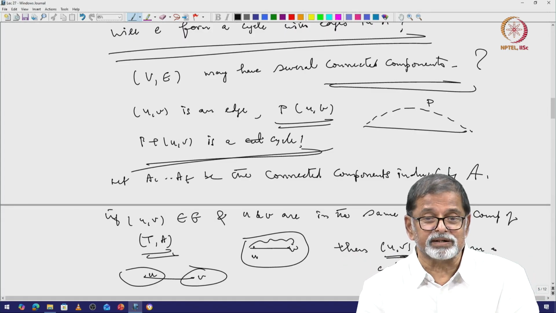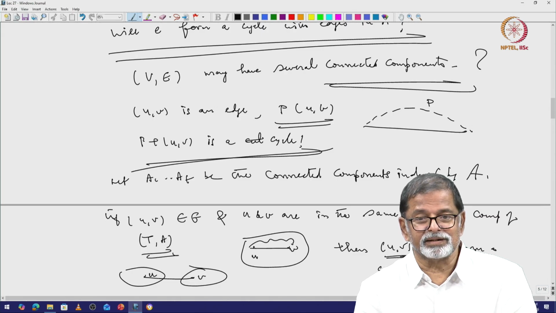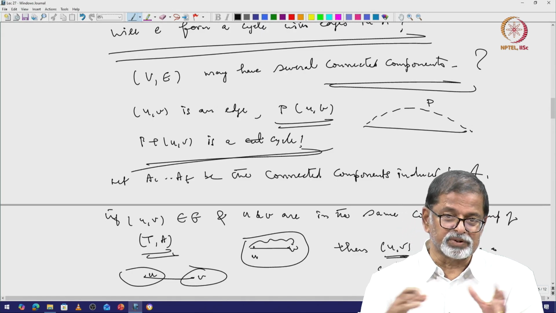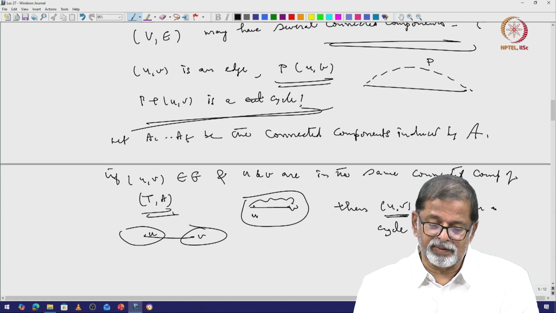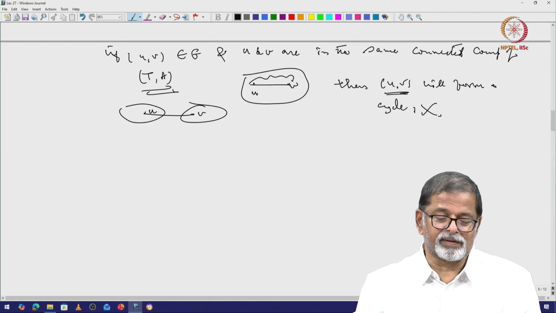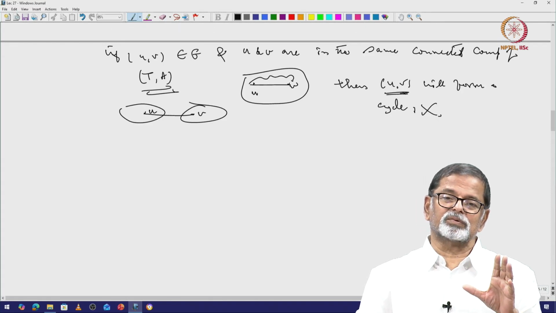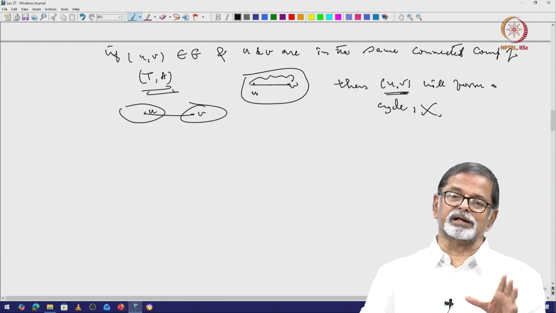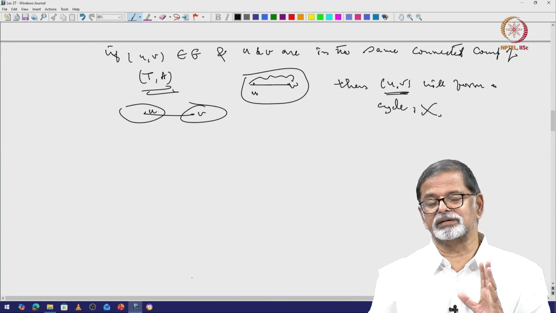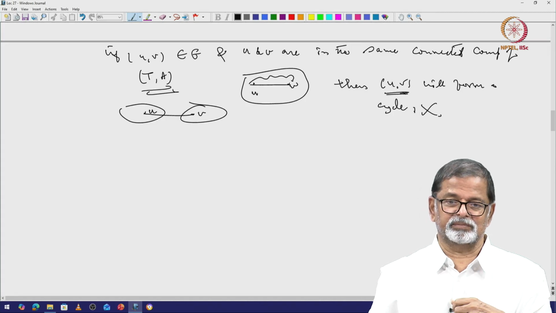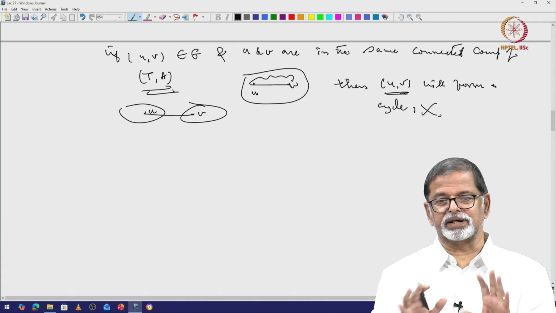Therefore, this will be included in A. So, we now know when we can include an edge in A and when it is not to be included in A.